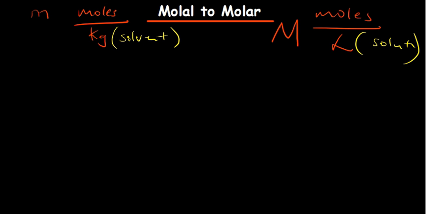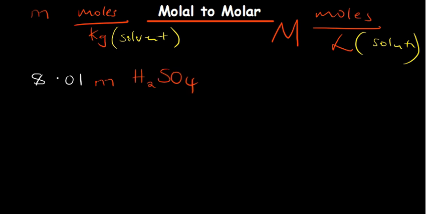Okay, so we'll consider two examples to help us understand the concept behind the conversion. Let's take 8.01, small letter m, which indicates molal concentration of sulfuric acid.